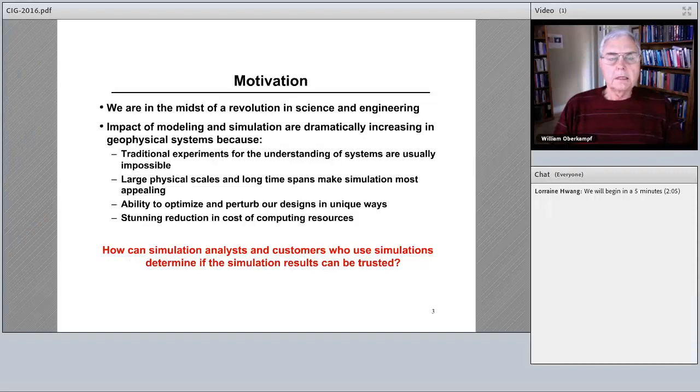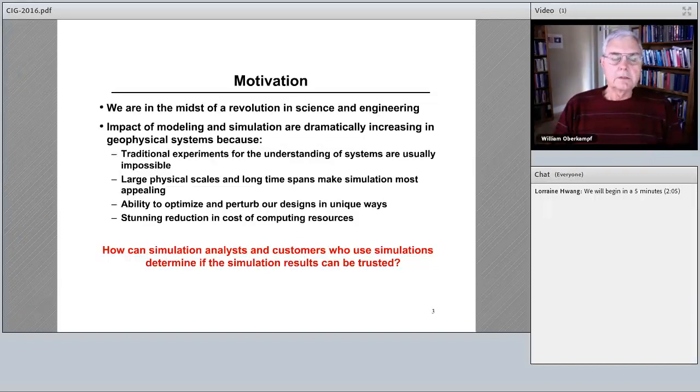It allows you to do something where you can look potentially years or even centuries in the future, and of course then the issue of what is the credibility of that simulation when we can magically advance time with our simulations. We can also optimize and perturb our designs in unique ways, not only the effects of, let's say, nature or man-made events, earthquakes, tidal waves, and so on.